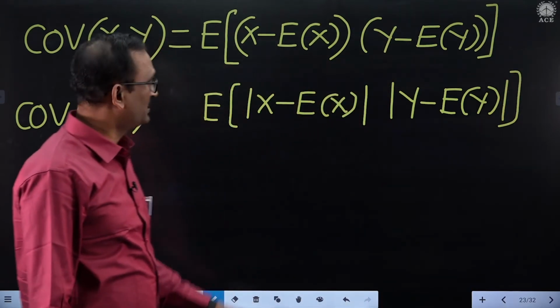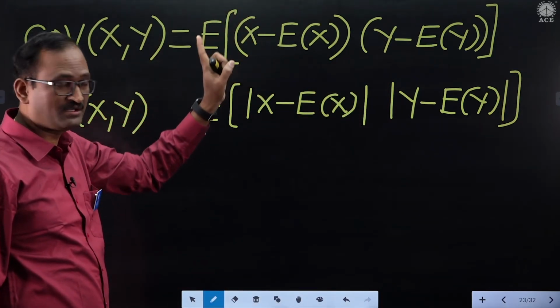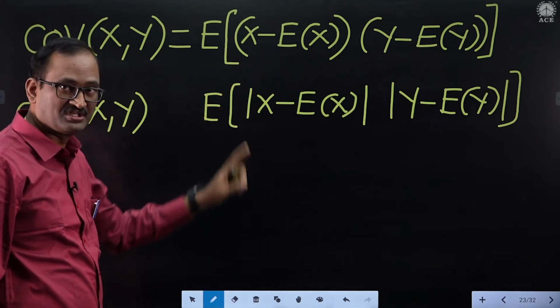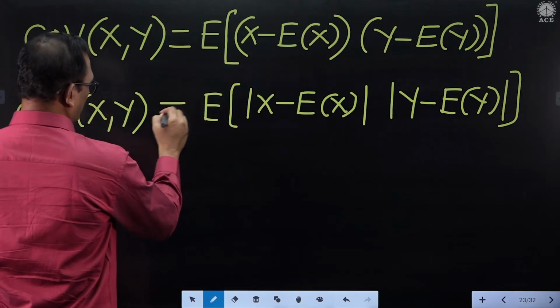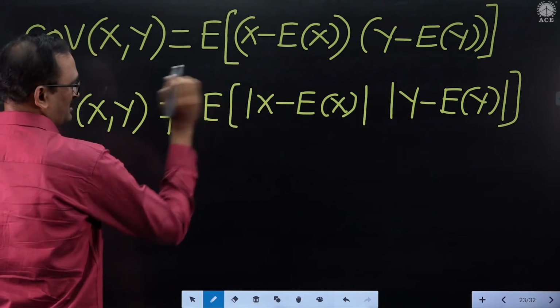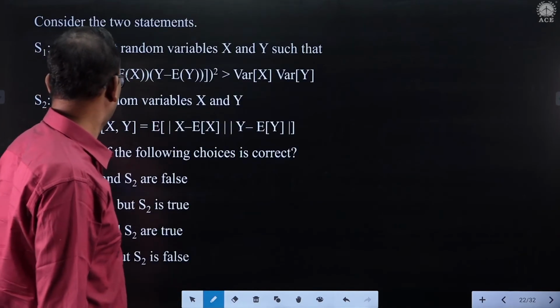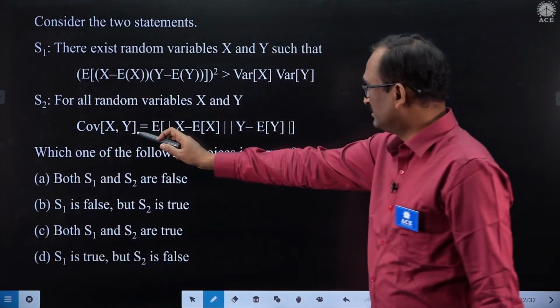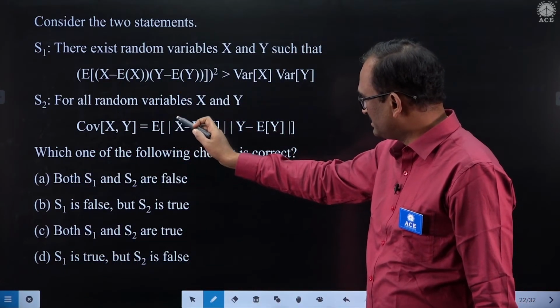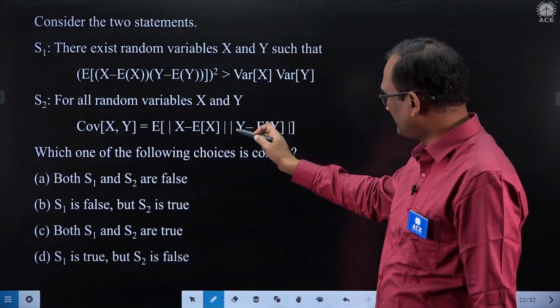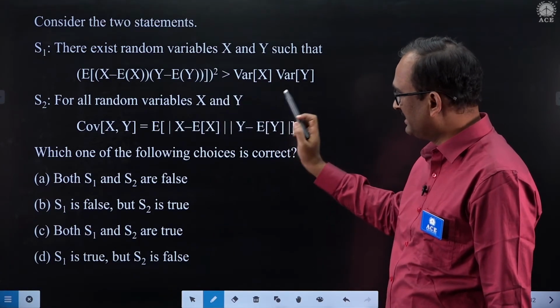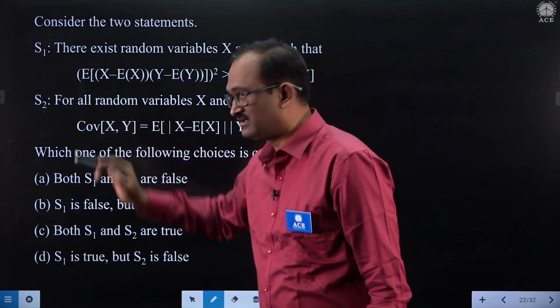This is wrong because this is the definition. So covariance of x comma y is not equal to this. Therefore statement 2 is wrong.